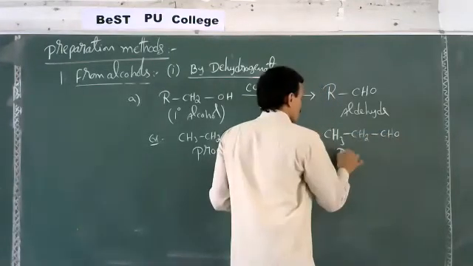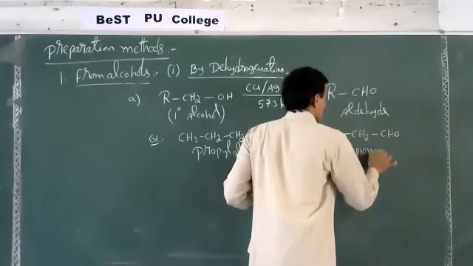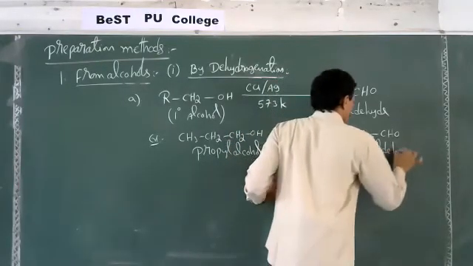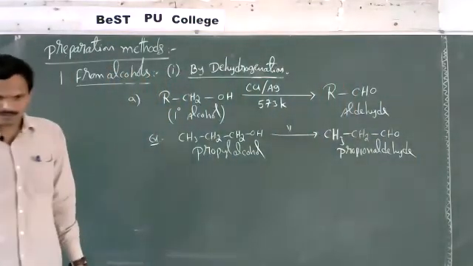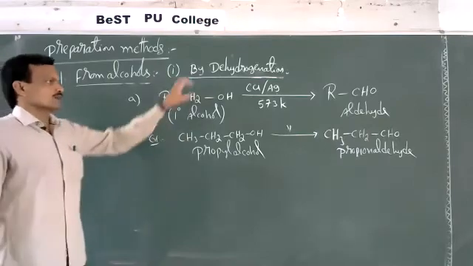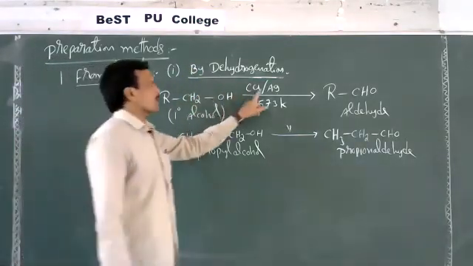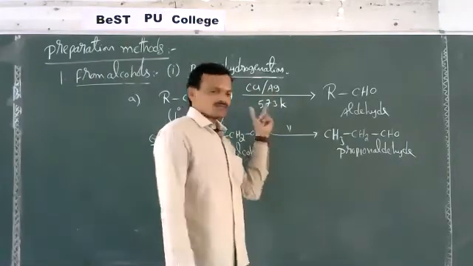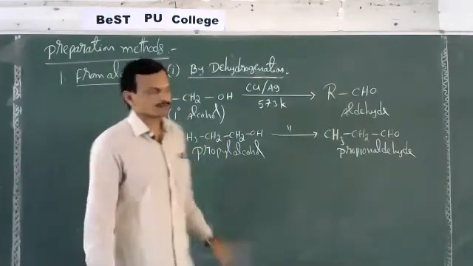This is propionaldehyde. So propionaldehyde will be formed. Dehydrogenation of primary alcohols in the presence of copper or silver at 573 Kelvin gives aldehydes.